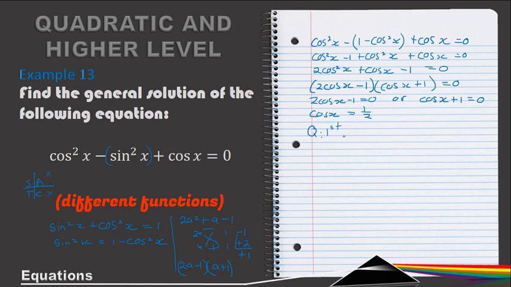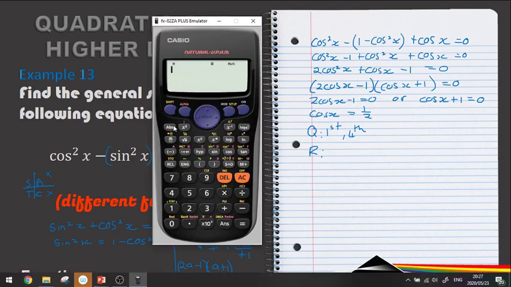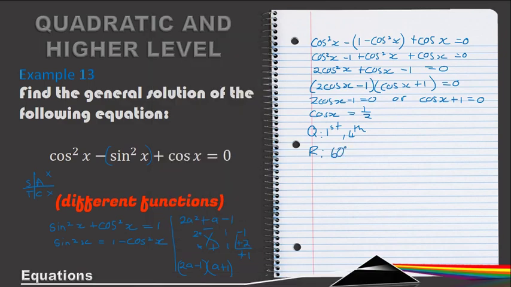So that's first and fourth. And then my reference angle will be the inverse cos of a half. So that would be shift cos 0.5. So this is equal to 60 degrees.